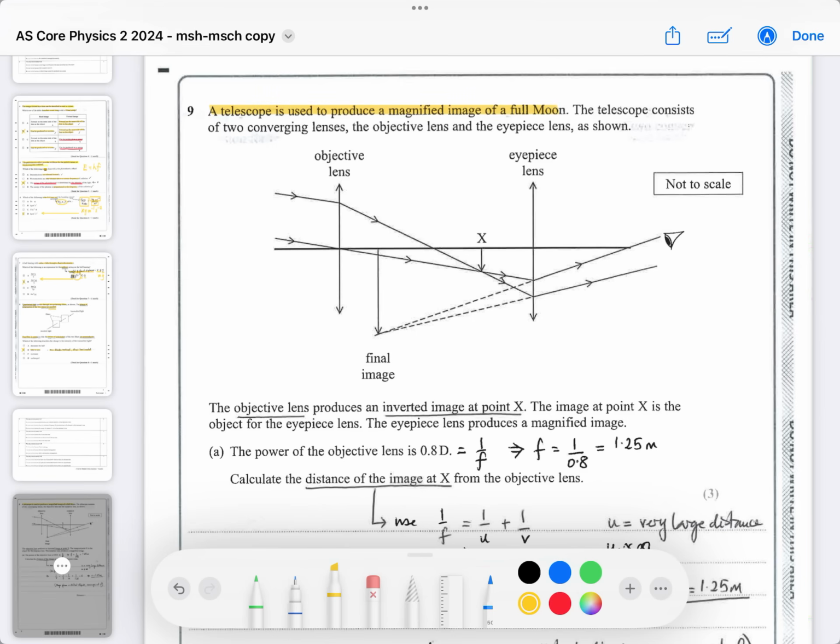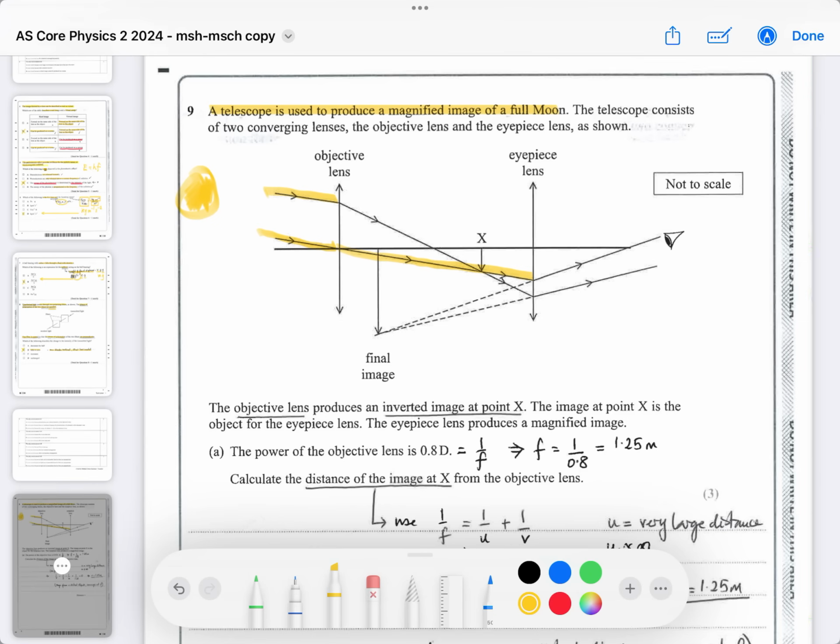Okay, so when the full moon is sending light in, it's quite far away, so the rays come in parallel. So imagine the moon is up there somewhere, giving light off, and they've drawn two rays. One going through the center, which is undeviated, and the other coming in higher, and that will refract. So you're going to get some refraction.